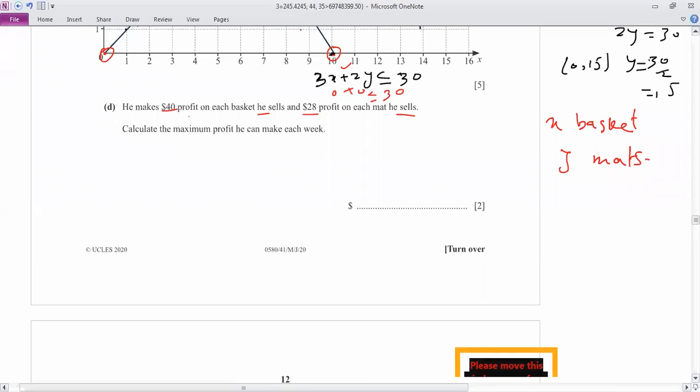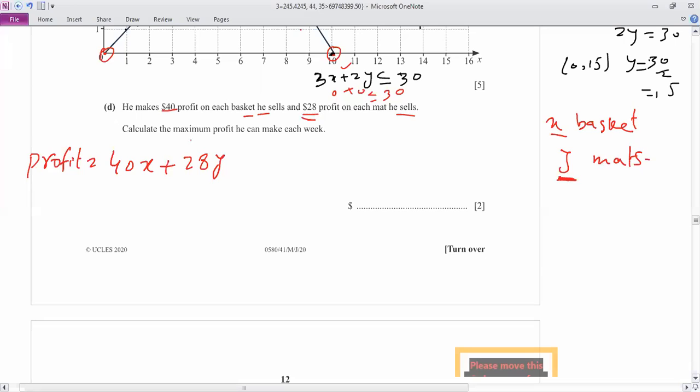For he makes $40 profit on each basket, it means if he is making X baskets, the profit is 40X, and then he is selling Y mats, and for each mat the profit is 28, so it will be 28Y. So the total profit function will be this one, 40X plus 28Y. That is the profit function.